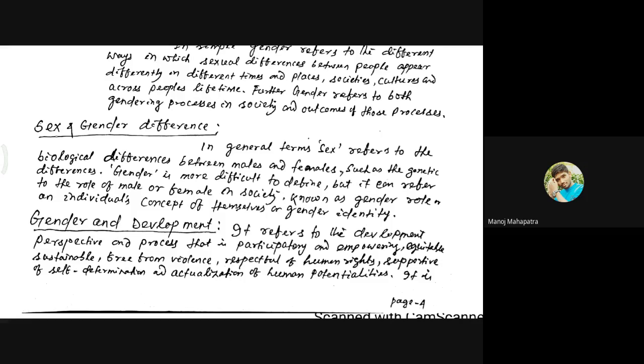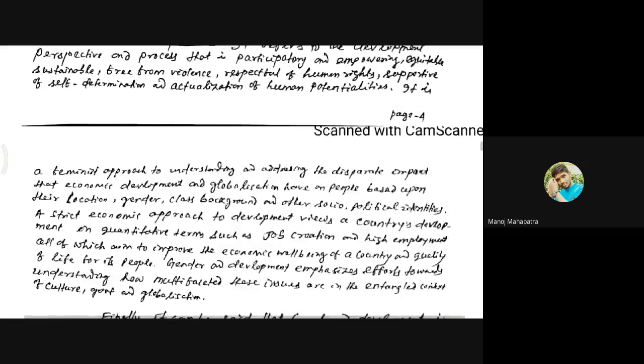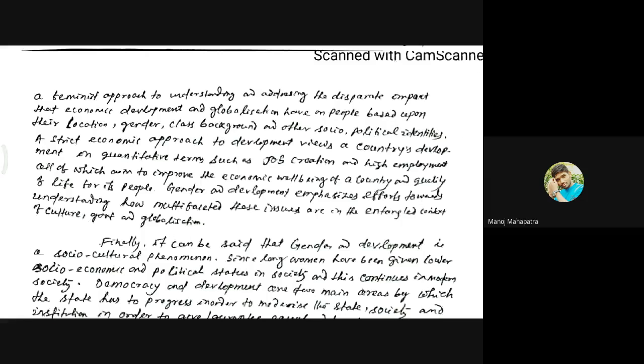It is a feminist approach, as I have told you earlier, basically to understanding and addressing the disparate impact that economic development and globalization have on people based upon their location, gender, class background and other socio-political identities.